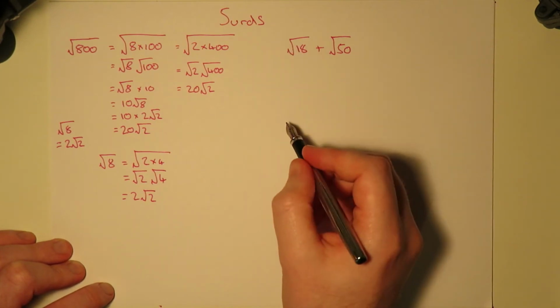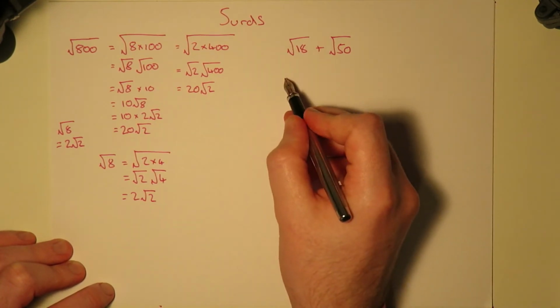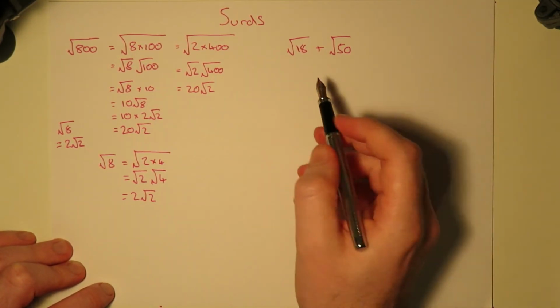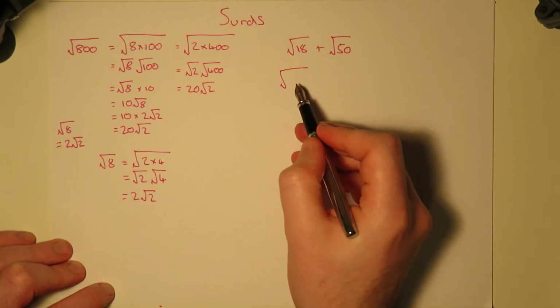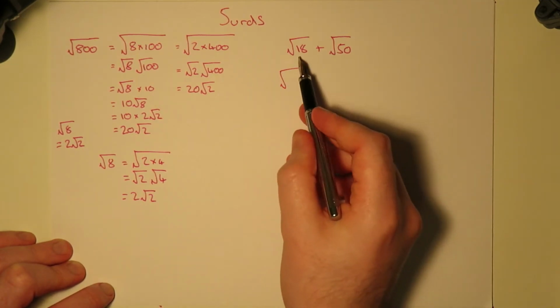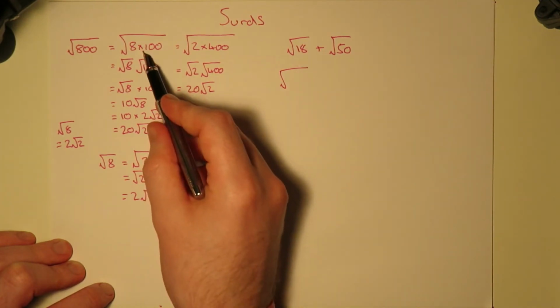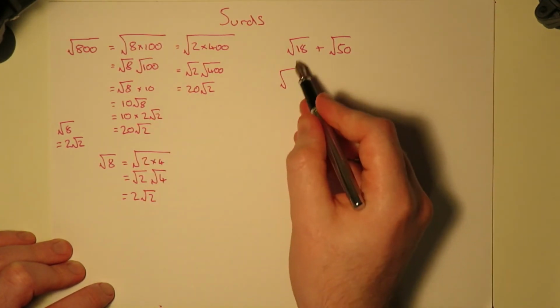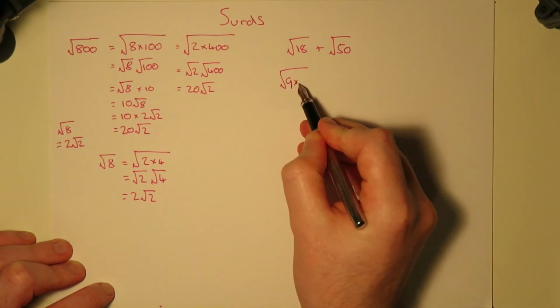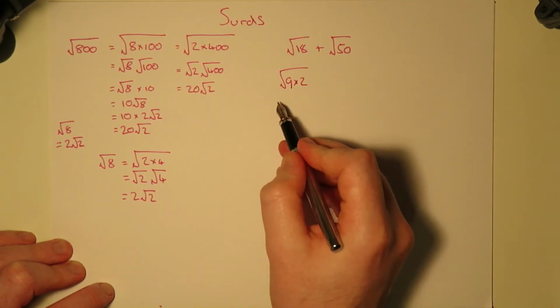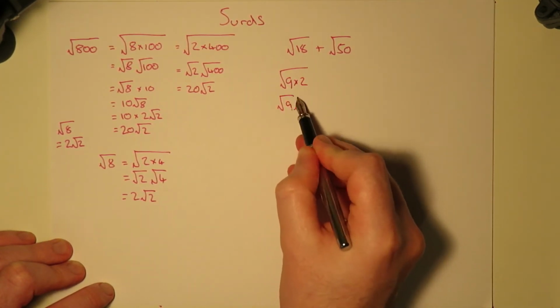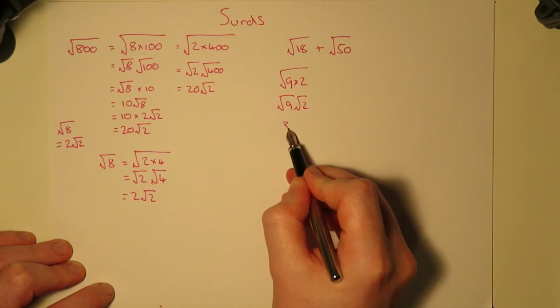So let's first focus on this root 18. We need two numbers that multiply together, one of them being a square number. I forgot to say, have a go at writing each of these and breaking them down just like this. So this here would be 9 times 2, which is root 9 times root 2, which is 3 root 2.